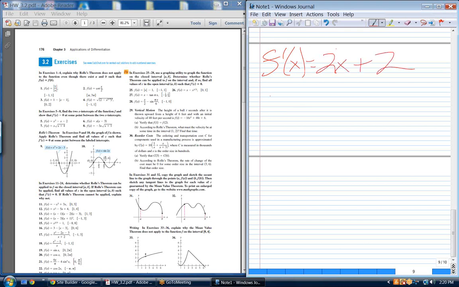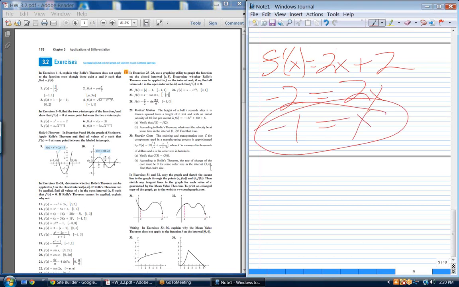So when I set that equal to 0, x is equal to minus 1. That is c, minus 1. And we can see in the curve that if we look at minus 1 and go straight down, that indeed is where the slope of the tangent line is equal to 0.